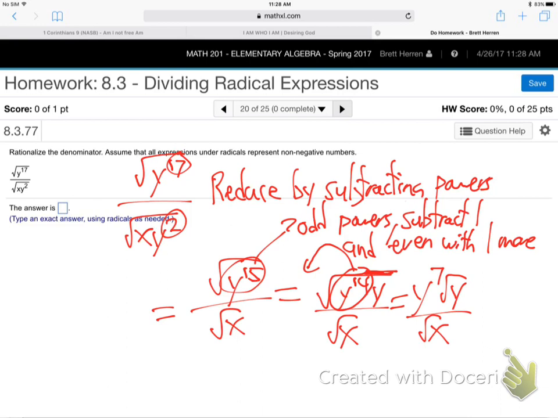You could have done it back here if you wanted. At some point, we do need to multiply top and bottom by root x. It doesn't really matter when you do that. At some point, we will need to do that to get rid of the roots. I'm not done yet, but I'm just kind of dealing with the y's right now. So what do odd powers always mean when you have an odd power? See, we like to cut powers in half, don't we?